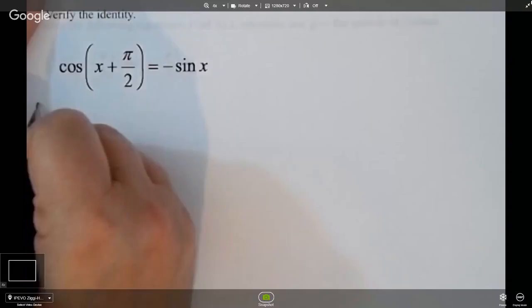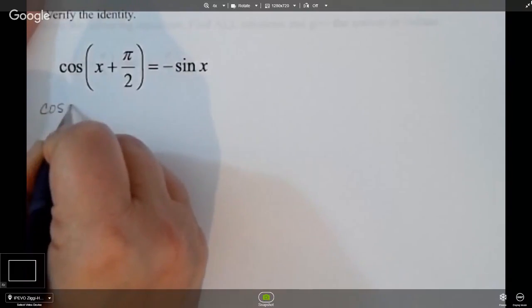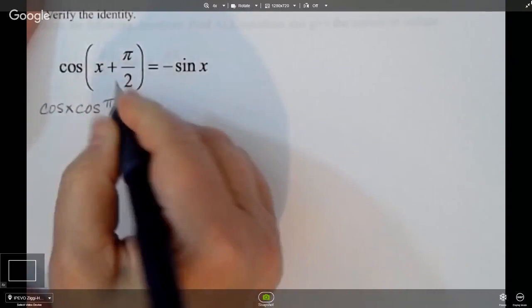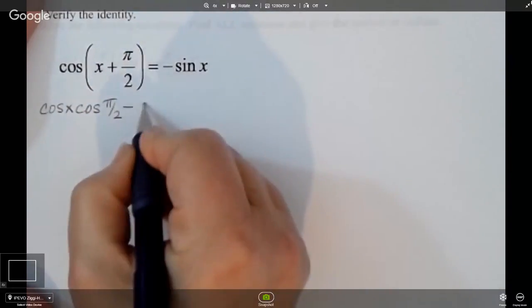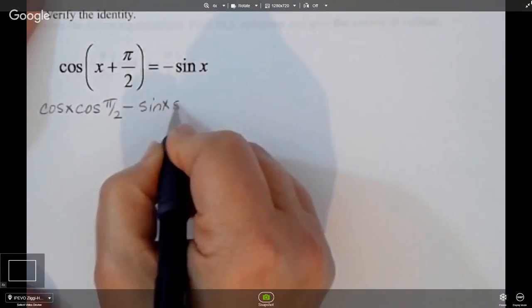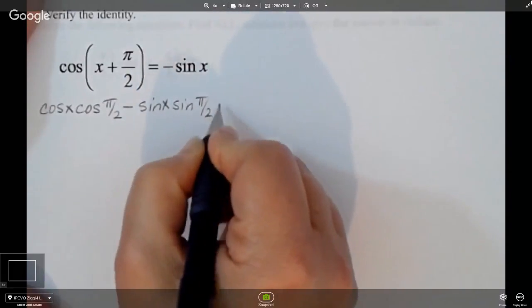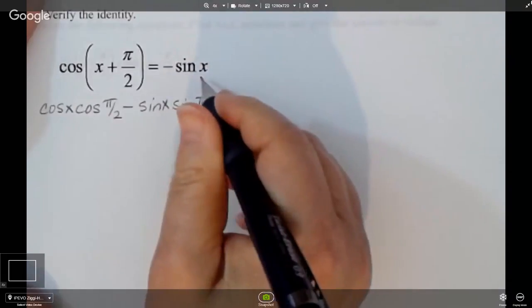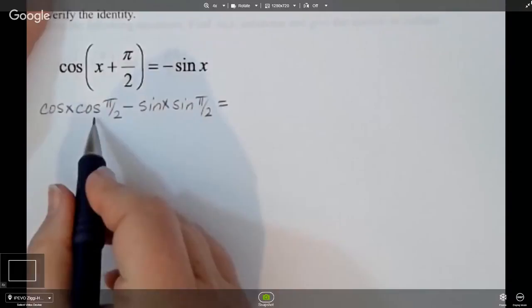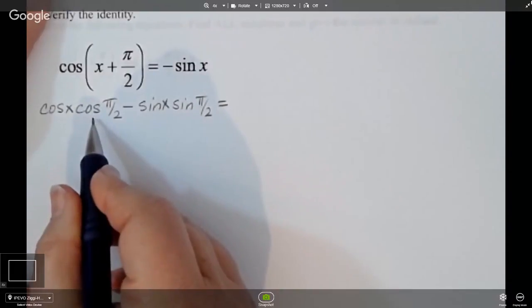And that's going to equal the cosine of x, cosine of pi over 2, minus, because the signs collide, the sine of x, sine of pi over 2, and I'm not touching the right side because I'm trying to equal the right side. Now, we happen to know what the cosine of pi over 2 is, or at least I hope we know.